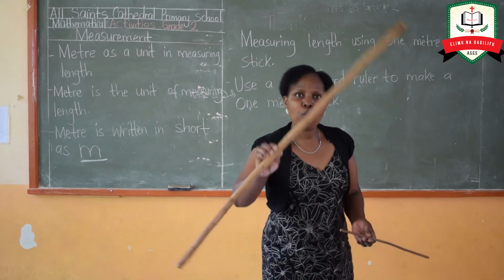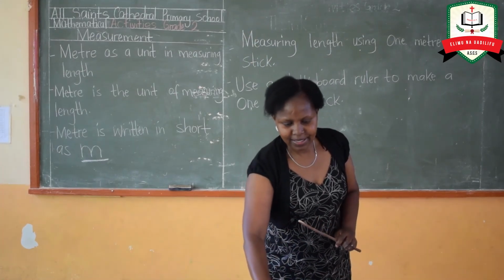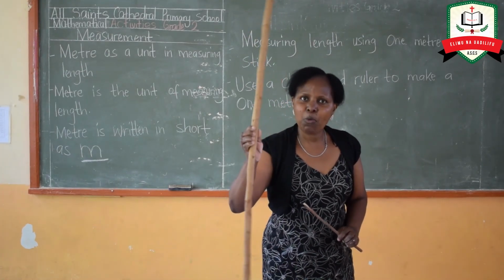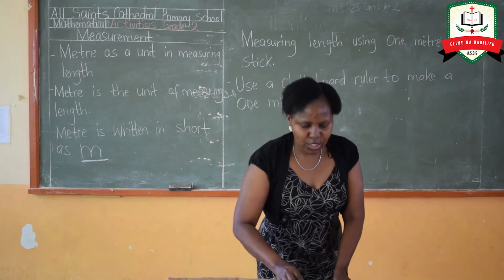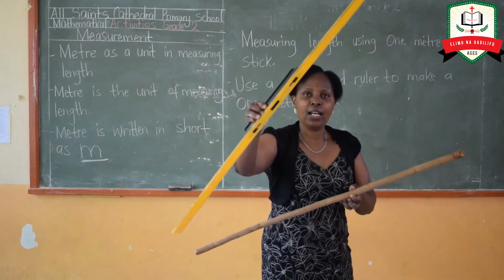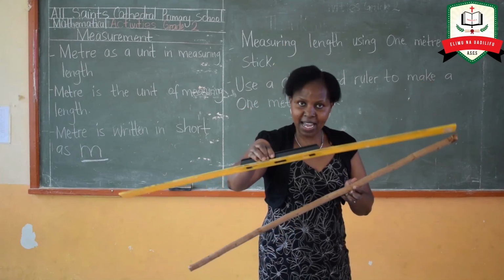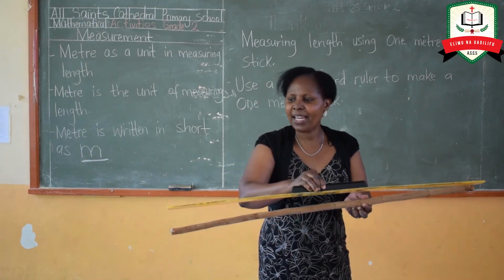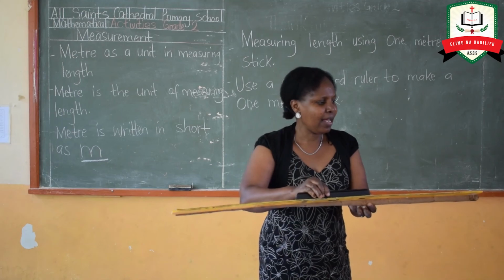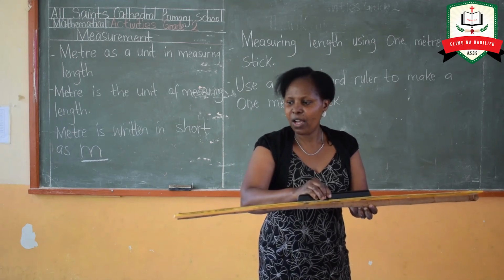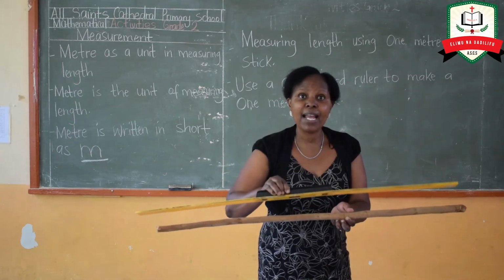And this is my 1 meter stick. And how did I create a 1 meter stick? I used my chalkboard ruler, which is 1 meter. So I measured the length of the stick using my 1 meter chalkboard ruler.